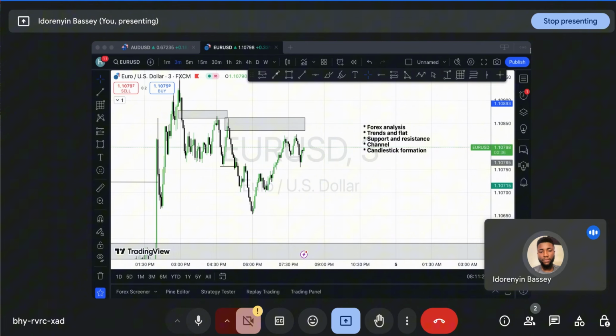You can see that even when there's an election or any political event that's happening, that alone can affect the currency's value. Let's say, for example, when Trump was doing his campaign, there was an attempt on his life.